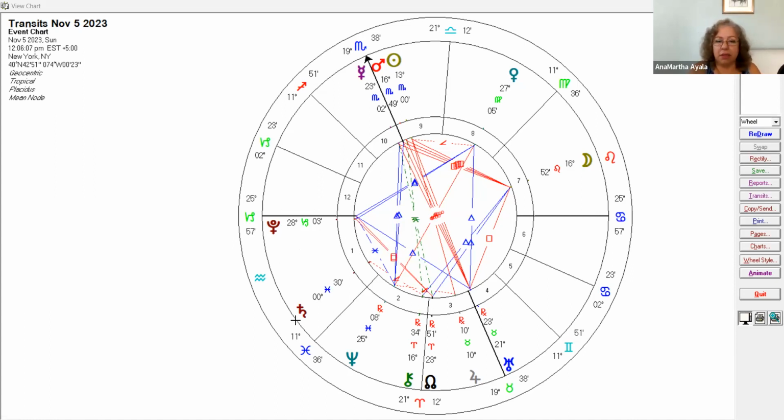Now, because Saturn is here also in the first house, and Saturn usually gives thin people, people that look older when they're young, they mature quicker than their counterparts, but as they grow old, they age well. They look younger than their years.